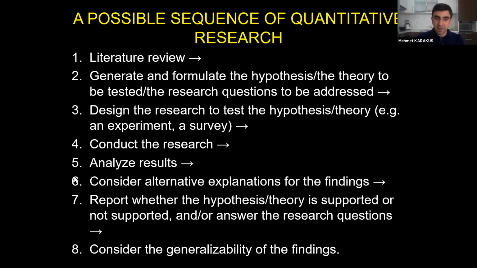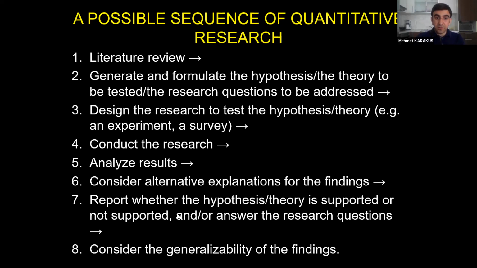After analyzing the results and reporting the results, in the discussion section, we should discuss our findings comparatively with the results of the other relevant studies, and we should try to find alternative explanations for our findings. We should be objective while explaining our findings.